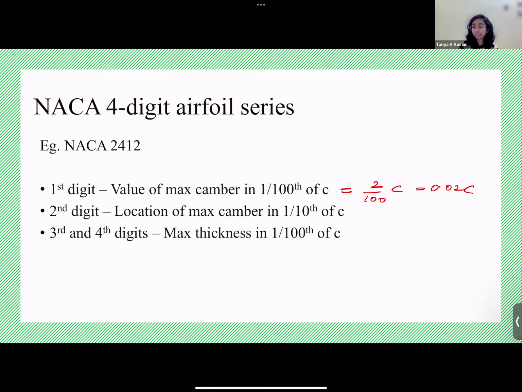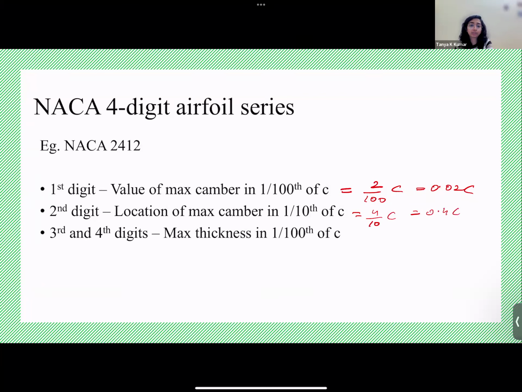The second digit gives you the location of this maximum camber in 1/10th of C. For this example, it would be 4/10 C, that is 0.4 C, exactly.